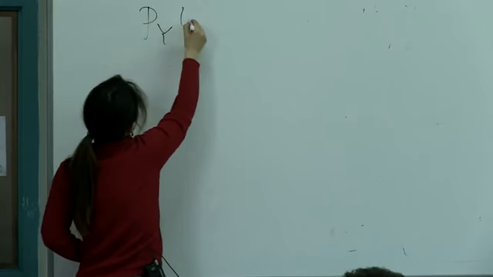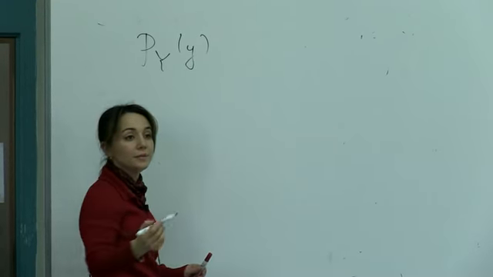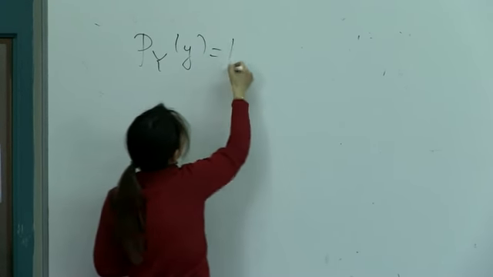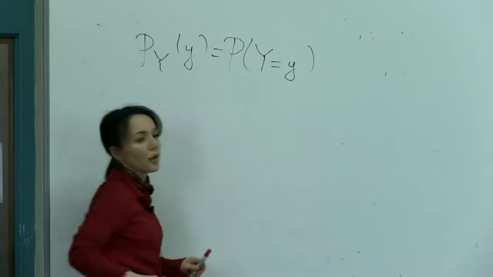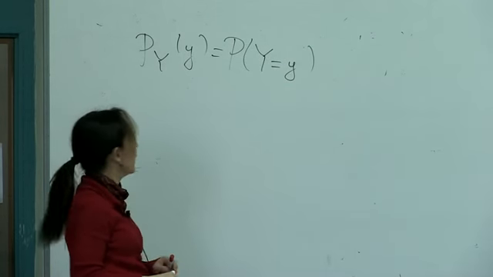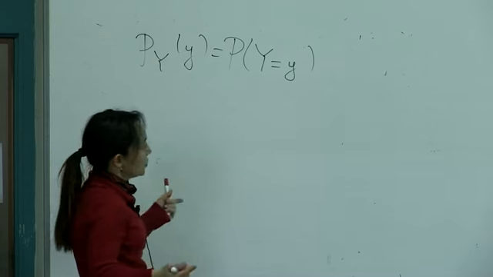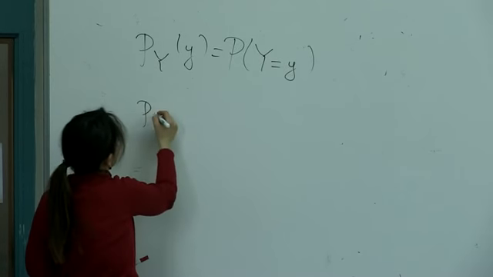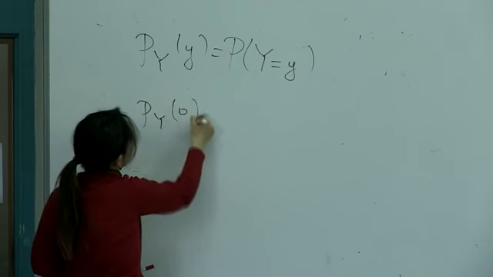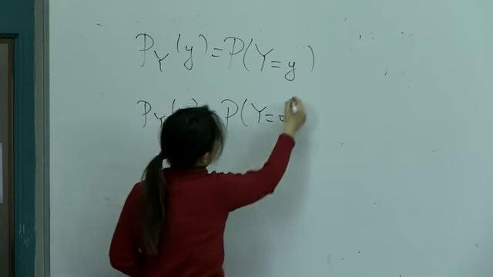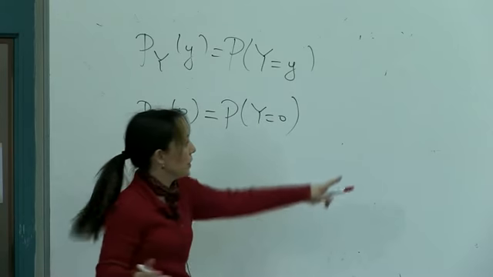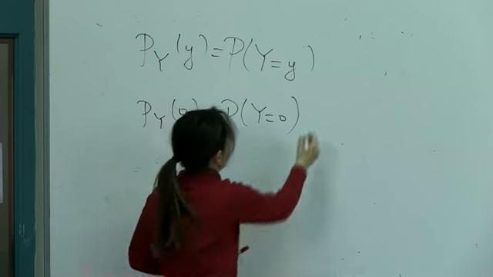Py of y, the PMF of y, is the probability that y is equal to the value script y. So what is, for example, Py of 0? The probability that y is 0. We don't know that, but we know x, right?